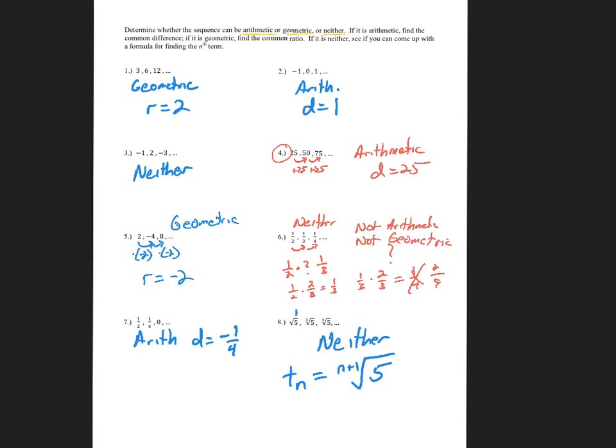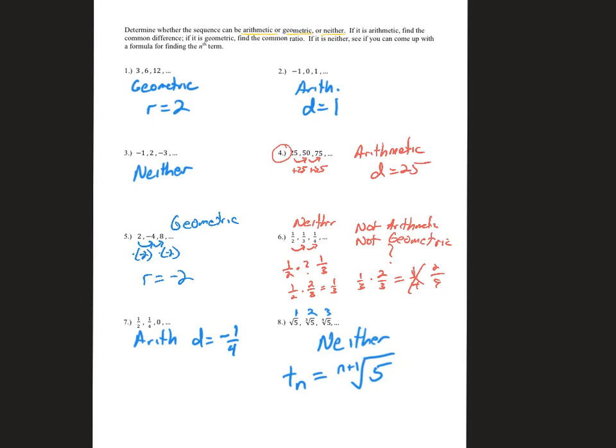Because this is the first term, and that's a square root. That's the second term, that's a cube root. This is the third term, that's the fourth root. So you take the term number and you add 1 and take that root of 5. So that's kind of what I was talking about in coming up with the nth term.